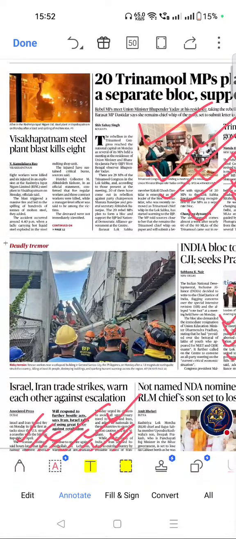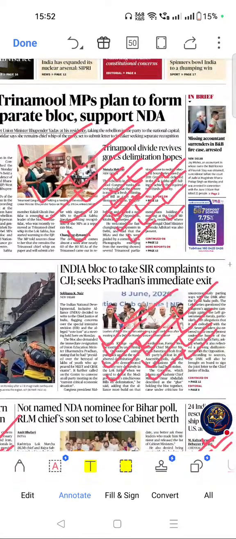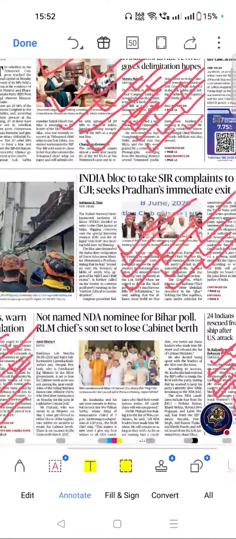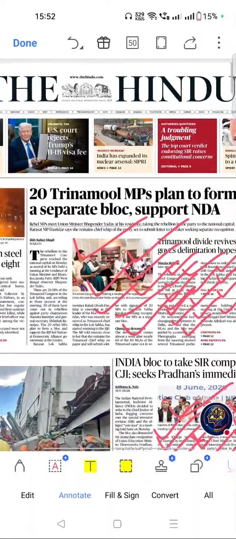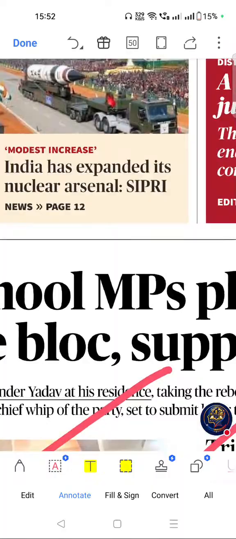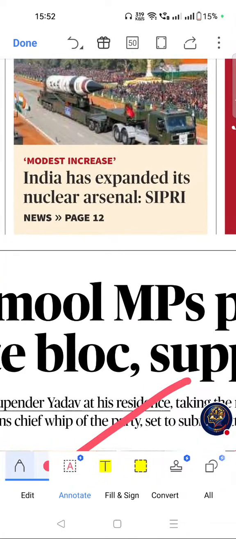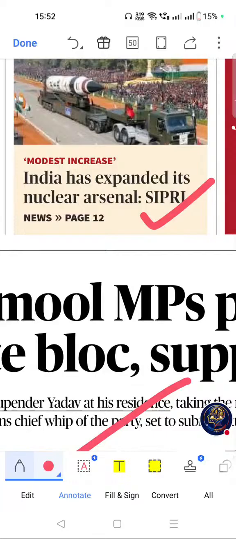Next important topic from this page was this one: India has expanded its nuclear arsenal, says SIPRI. If you see the importance of this topic, nuclear doctrine is a major UPSC topic, frequently asked in security-related questions, relevant for the India-China-Pakistan strategic balance.